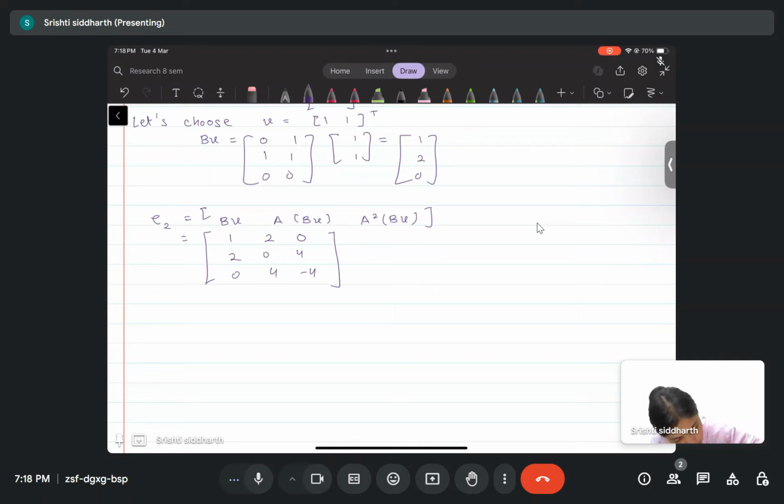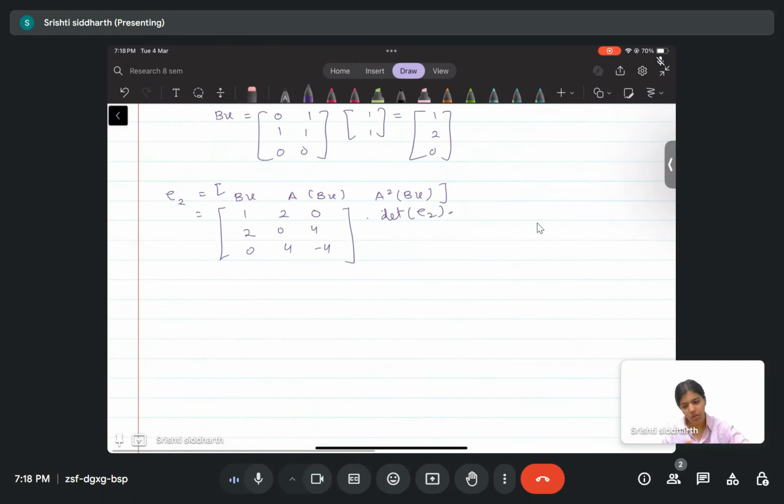Okay, so we check if this is full rank. Let's find out the determinant. So this is 1 by t minus 2 times.